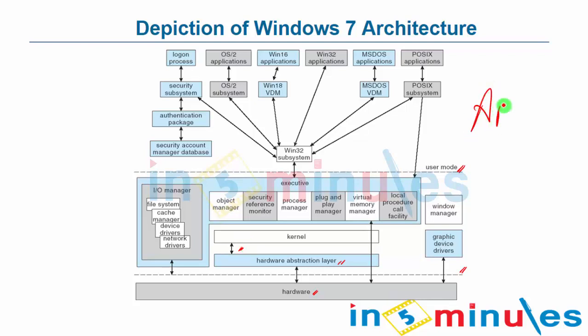All the applications we are talking about are up, the OS area is down, and the hardware goes below that. So all the communication from the application front goes to the OS, and from the OS goes to the hardware.